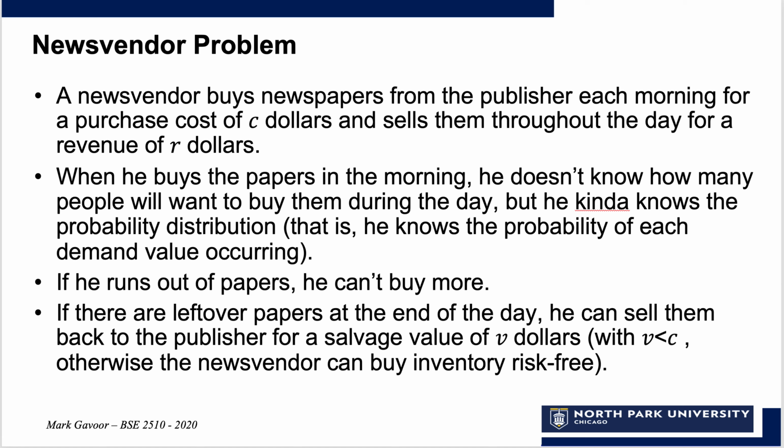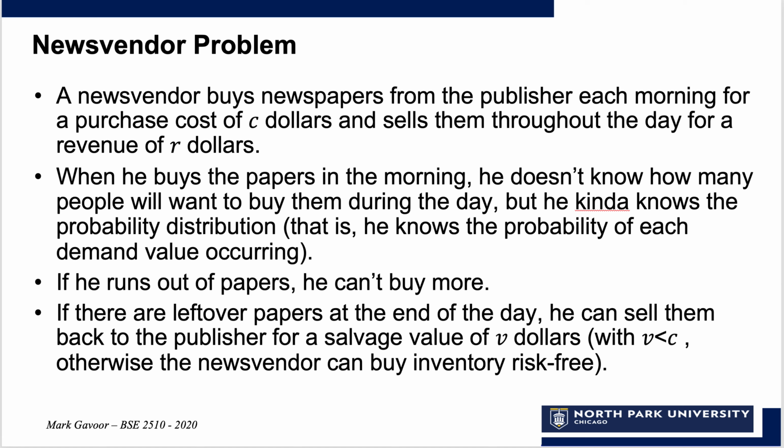Now, this is originally called the newsvendor problem. A newsvendor buys newspapers from a publisher each morning for a purchase cost of C dollars and sells them throughout the day at a revenue of R dollars. When he buys the papers in the morning, he doesn't know how many people will want to buy them during the day. He's standing at his little newsstand on the corner of 33rd and Third in New York, but he kind of knows the probability distribution, that is, he knows the probability of each demand value occurring.